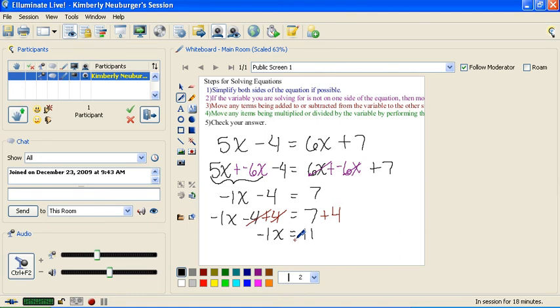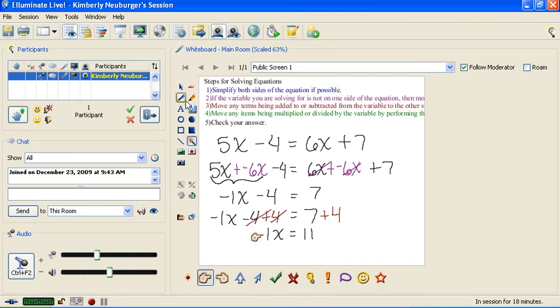Now, I've completed that step number 3, so let's take a look at step number 4, and that's to move anything multiplied or divided. Now, we do that by using the multiplication property of equality, which allows us to multiply both sides by the same thing. Multiplying by the reciprocal of -1 is the same thing as dividing by -1.